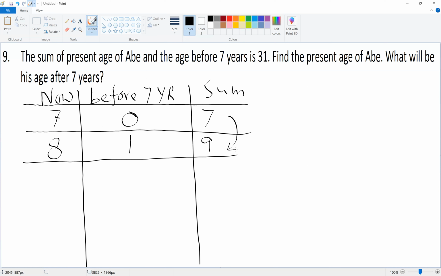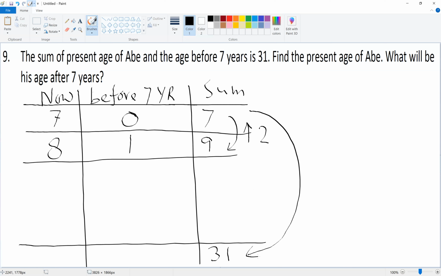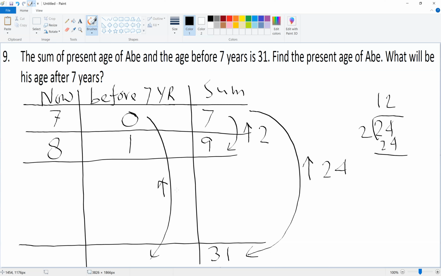So what did it go up by? 2. And what is the goal? It's 31. So from 7 to 31, how much does it have to go up by? 24. So how many 2's are there in 24? 12. So this has to go up 12 times.